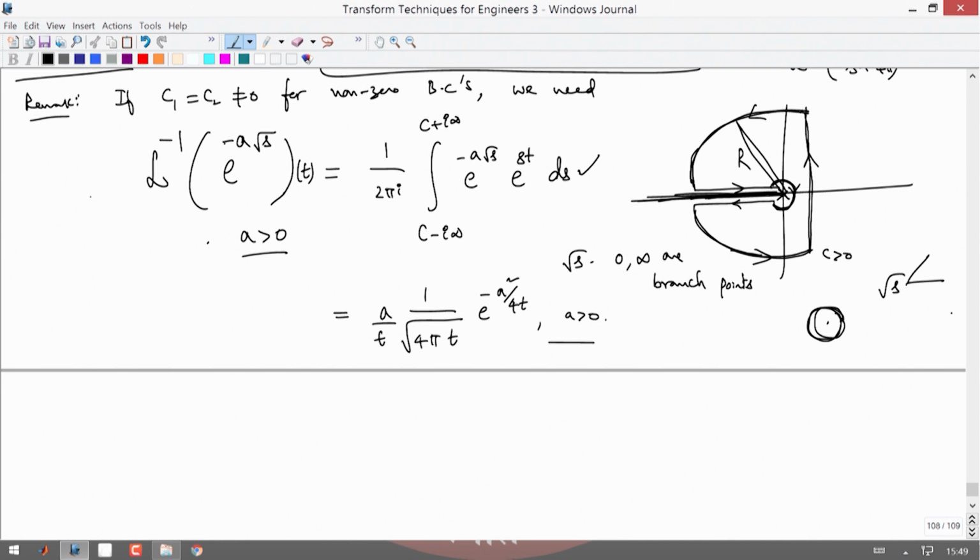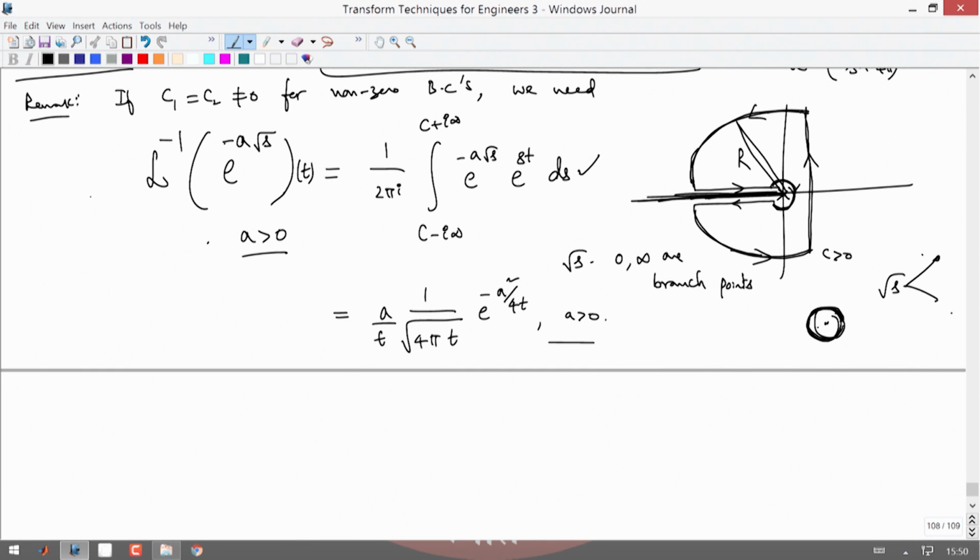You have two branches, meaning at some point you have two values. When you revolve around a branch point, your function value goes to the other branch. So, such points are branch points.